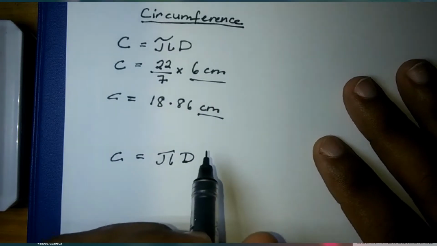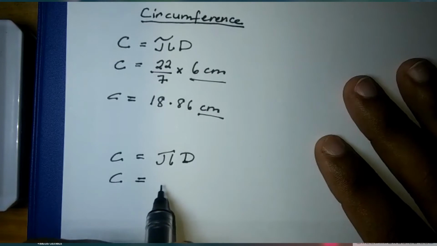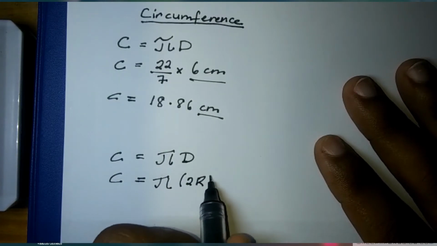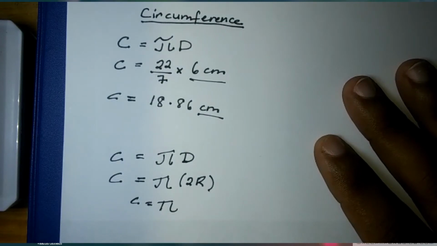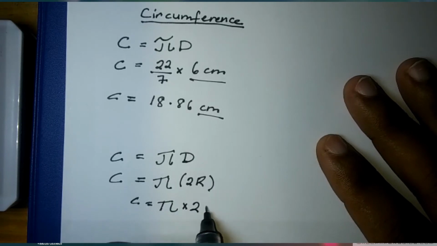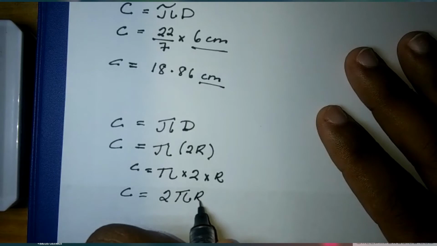We know that d is 2 times the radius. So we can rewrite our formula to be pi times 2r. So circumference is equal to pi times 2 times r. And for ease, we simply say 2 pi r. Just like that.